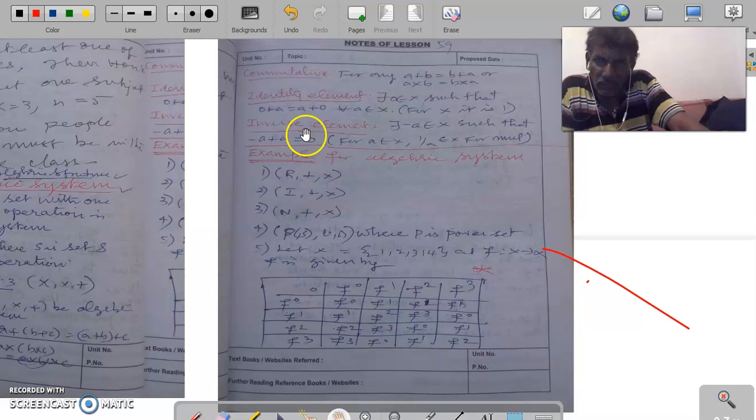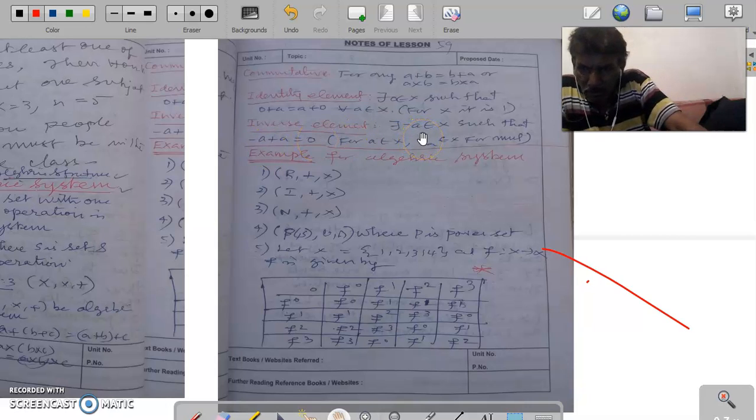And then the inverse element: for any A belonging to X, we have minus A belonging to X in that structure such that minus A plus A equals 0. That is, when we add the inverse to the same number, we get 0. This property we call the inverse property.